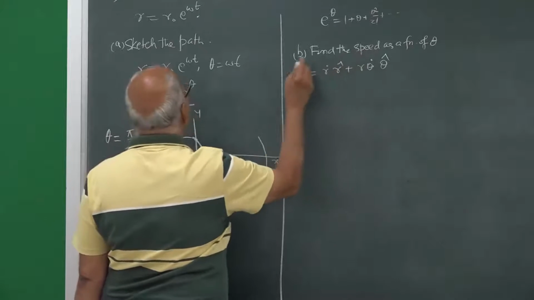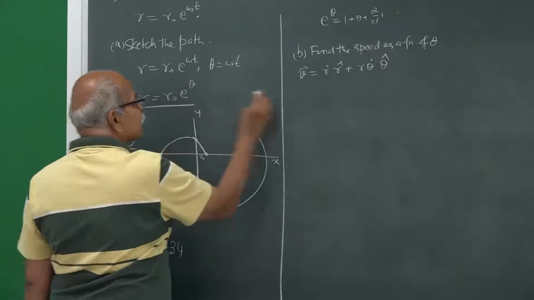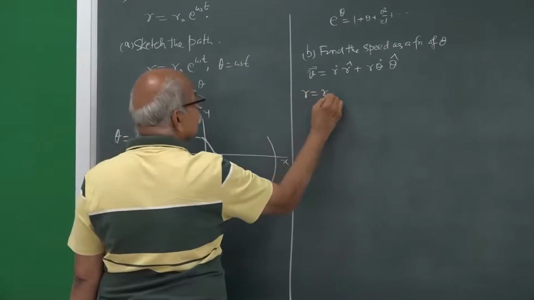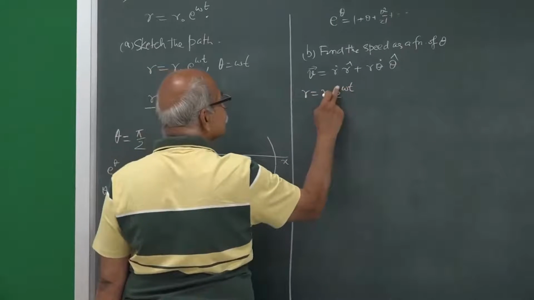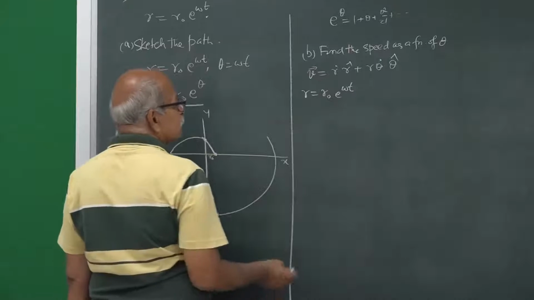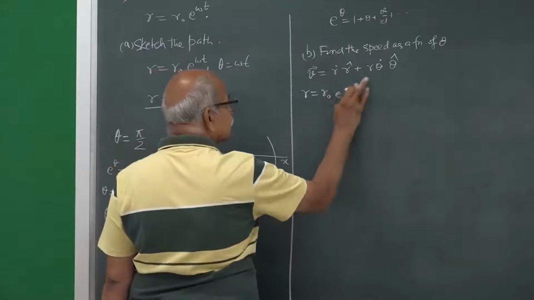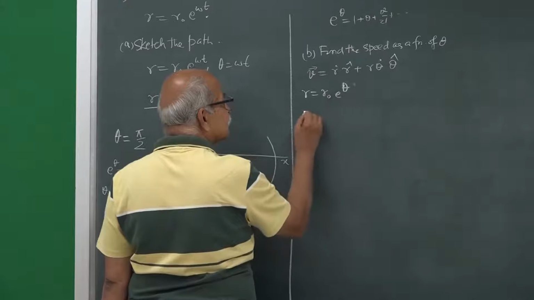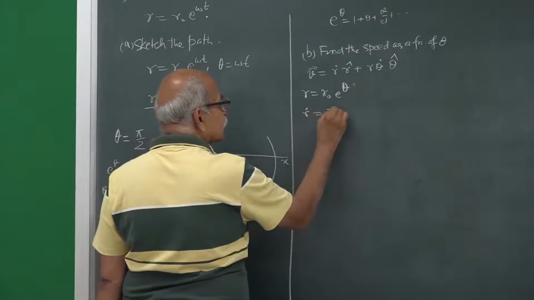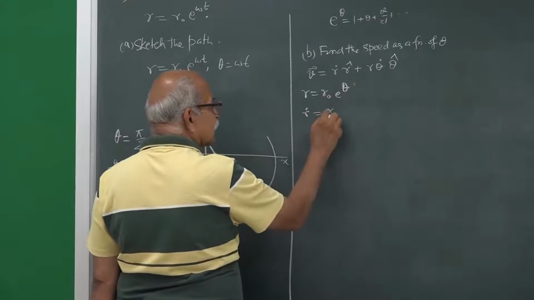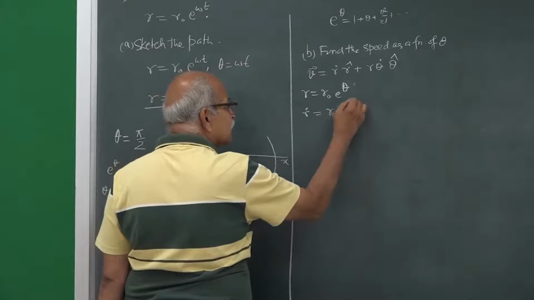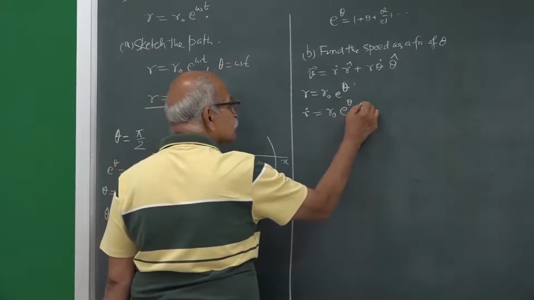Speed. So, r dot, what is r dot? R is equal to r naught e to the power omega t, or you can also say this is e to the power theta. So, r dot is r naught and then e to the power theta into theta dot, right.